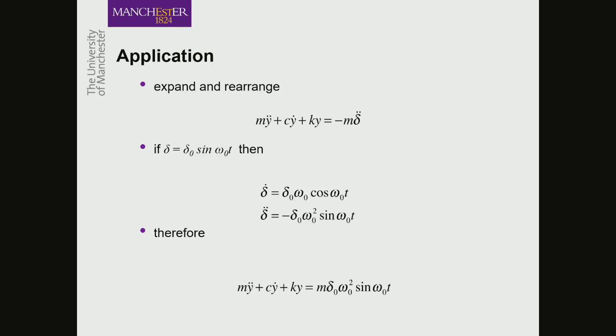Doing all these mathematical manipulations, putting delta as delta 0 sine omega t in the equation, you will see that our main equation is in the form of the last equation here. I am sure it looks a bit familiar, but there is something different based on our initial displacement considerations, like delta plus y.